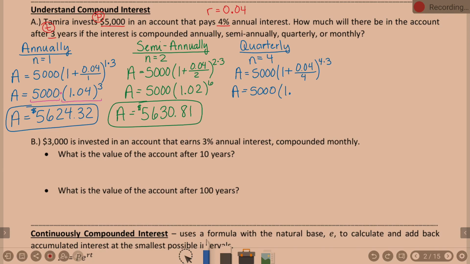You add the 1, we're at 1.01 raised to the 12th. $5,634 and how many cents? 13.